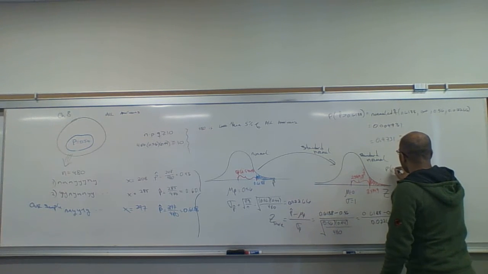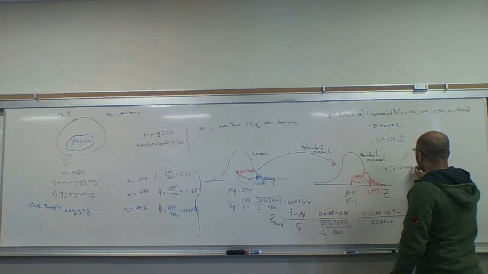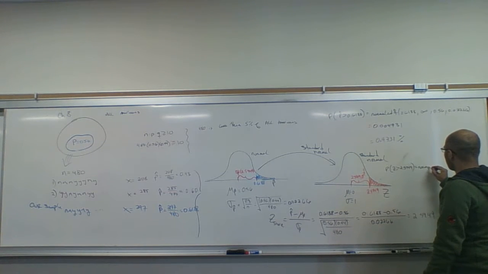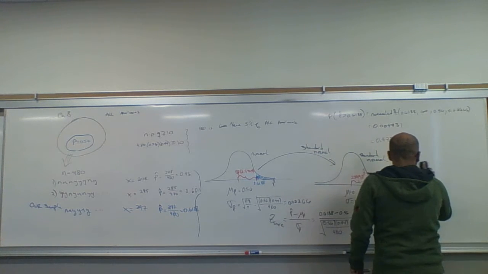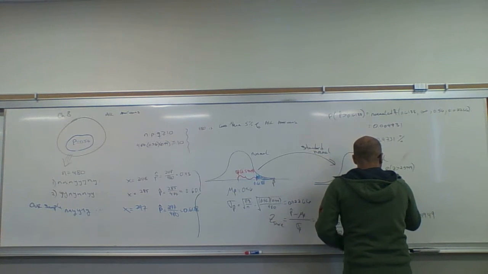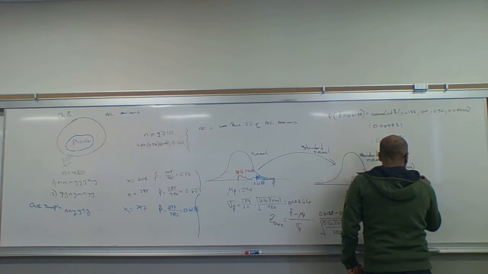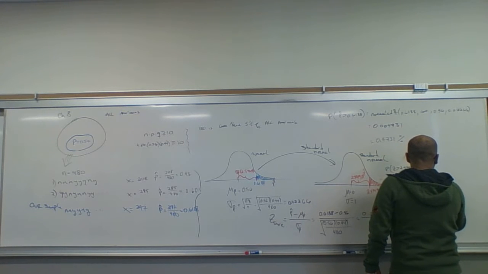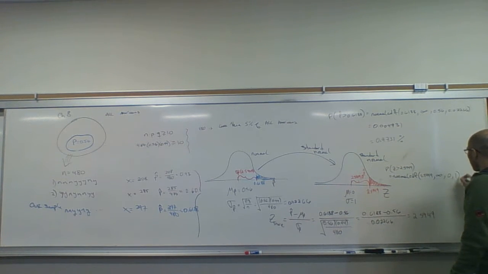So the probability that z is greater than 2.5949 is equal to normal CDF from 2.5949 up through positive infinity with a mean of 0 and a standard deviation of 1.